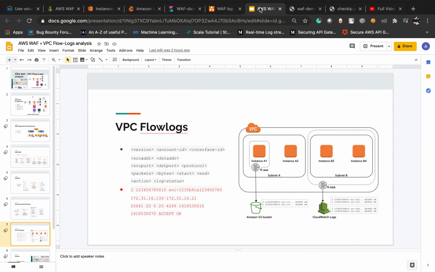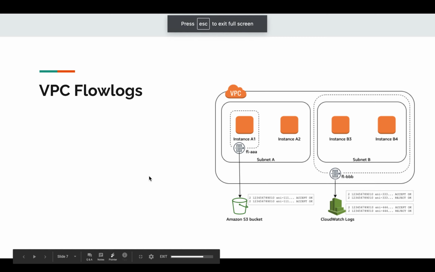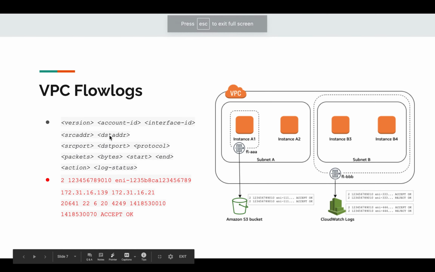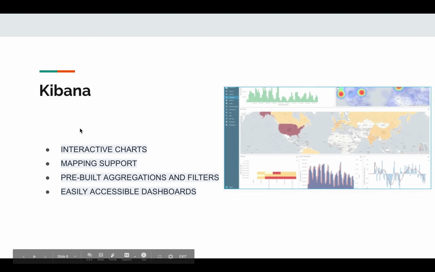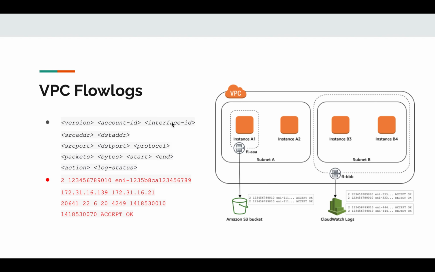And the logs will be in this form. It will come in this format: your version, your account ID, your ENI, source IP, destination IP, source port, destination port, and protocol, as defined by the IANA site.